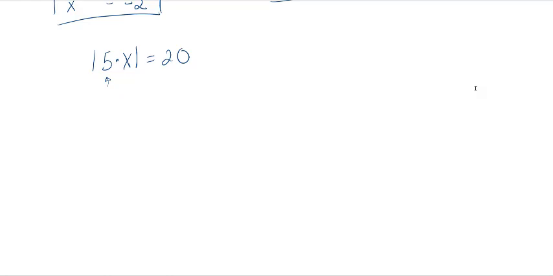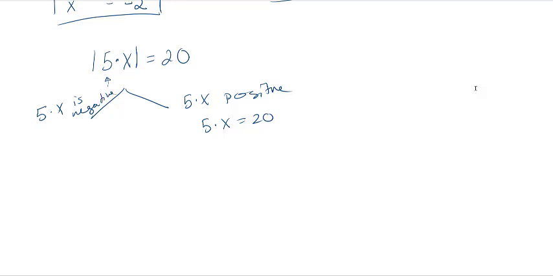And again, we can look at the two options here, that 5 times x is positive, in which case 5 times x equals 20, simply. And the case where 5 times x is negative, in which case 5 times x equals minus 20, right?